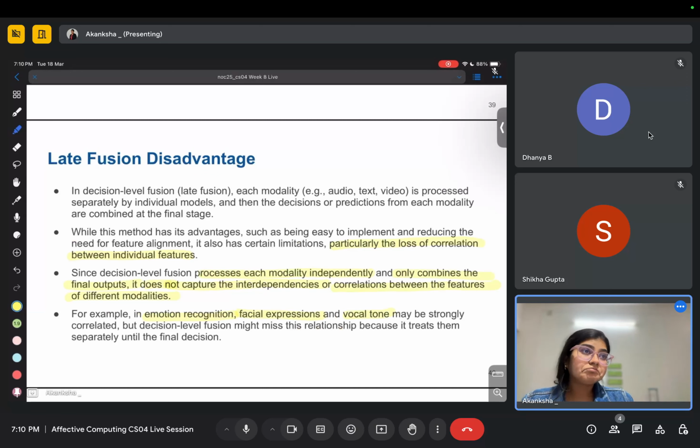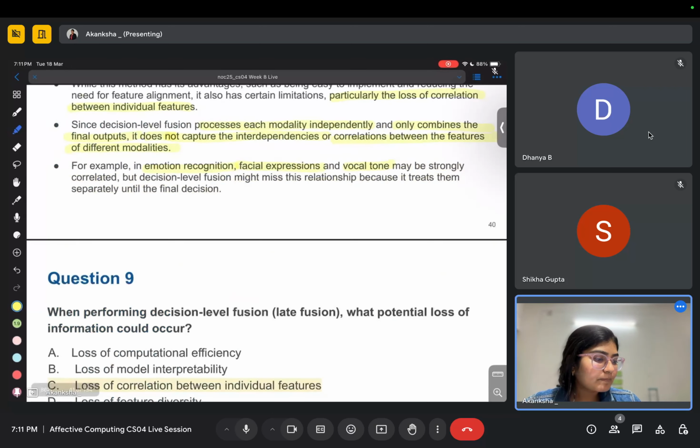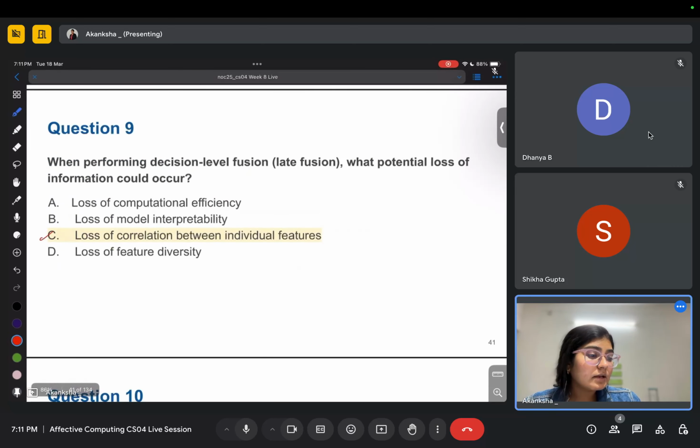If a person is shouting in a more aggressive manner, you can observe that the face becomes more red, expressions are sharper, lips are more lifted and so on, and the tone becomes sharper, shriller. So they're correlated somehow. If we just use the decision level, you won't be able to capture these nuances. However, if you use early fusion or slow fusion, then you will be able to capture these patterns. So the answer is loss of correlation between individual features.